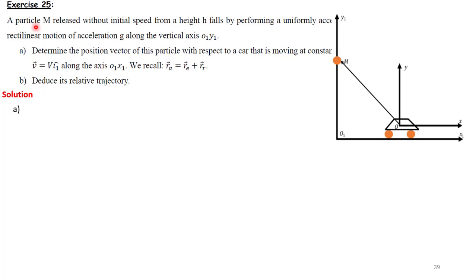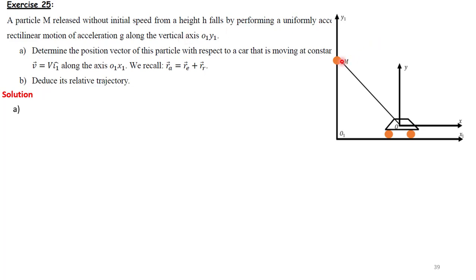A particle m released without initial speed from a height h falls by performing a uniformly accelerated rectilinear motion of acceleration g along the vertical axis O1 y1.